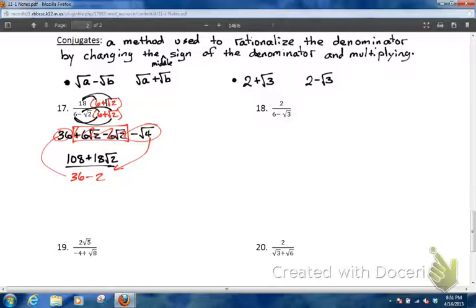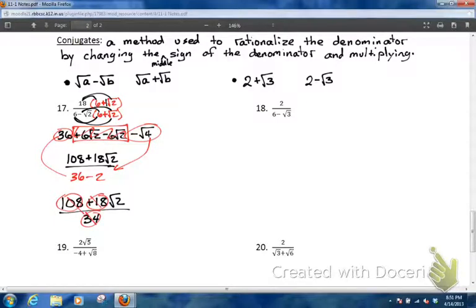Which you can then easily simplify. I have 108 plus 18 root 2 all over 34. And then we get back to, like we were doing with the quadratic formula, if all three of these numbers can be simplified, do so.